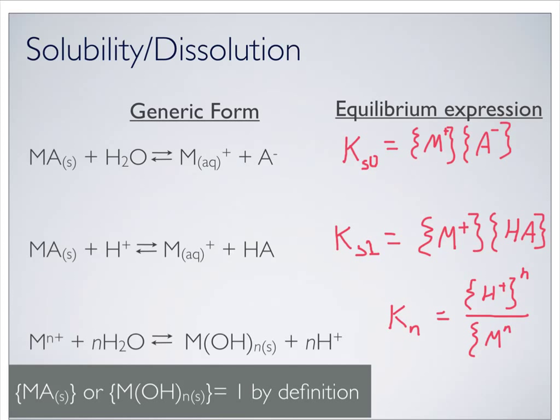So this is M N plus, and that's what we have. So we've got 3 different equilibrium expressions to describe those 3 different generic reactions.